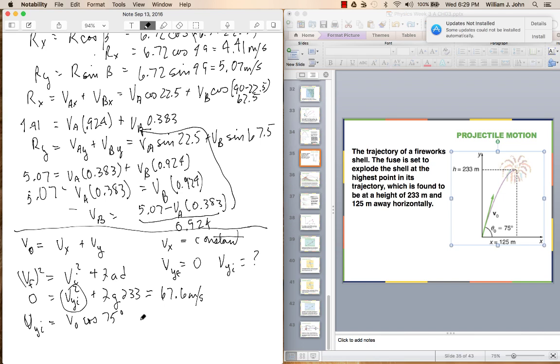So that means that V0, the magnitude of V0, is going to equal Vy initial divided by the cosine of 75 degrees, which is going to equal... I made a mistake here. It's the sine. Vy is the side opposite, so it's the sine. So let's do that again.